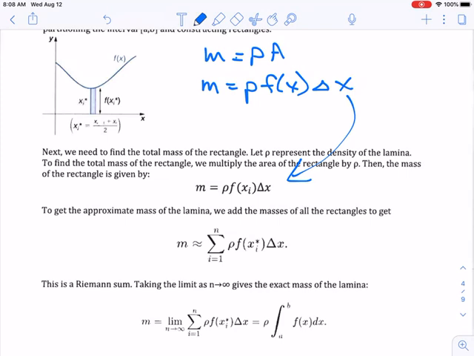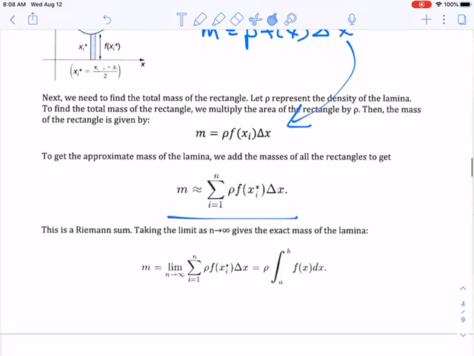Of course, we're going to create a whole bunch of little rectangles, and that creates a Riemann sum. And so then we are going to sum up all of the masses of those rectangles, and we get the total mass of the lamina. Then, if we want a more accurate result, what do we do?